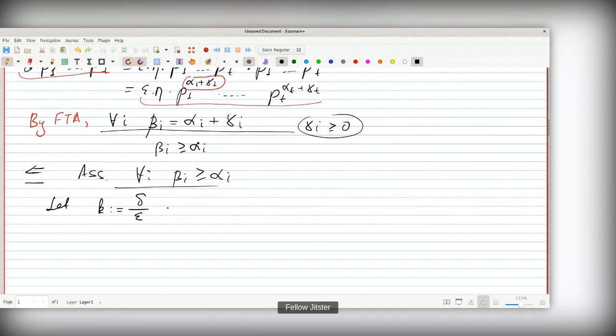And here we take p1 to the power beta 1 minus alpha 1 and so on. Our inequality here guarantees that every such number is natural. It is greater or equal than 0. Hence, this number is an integer.